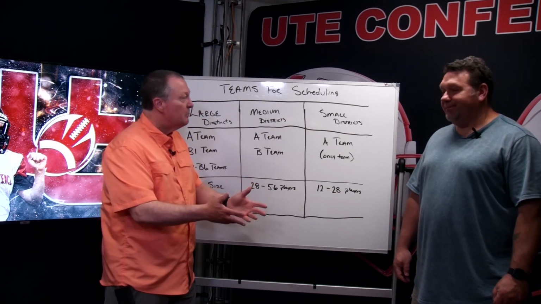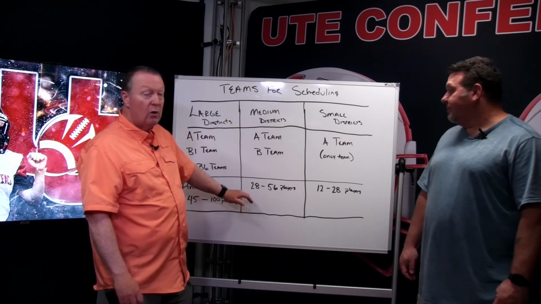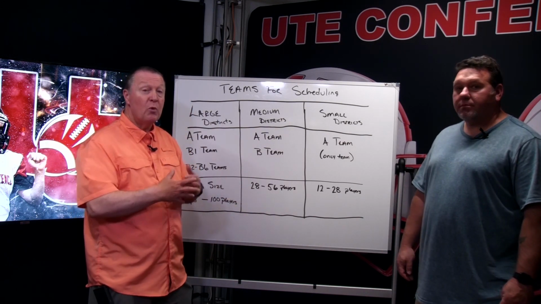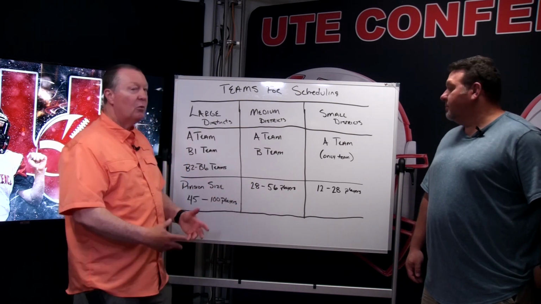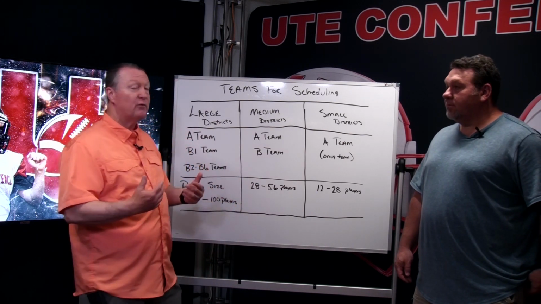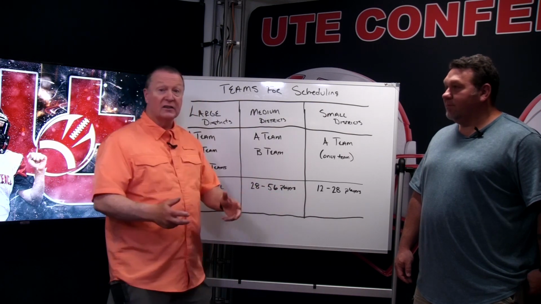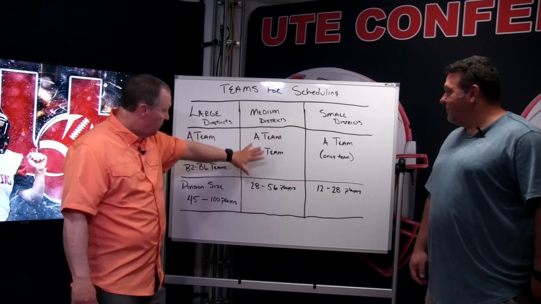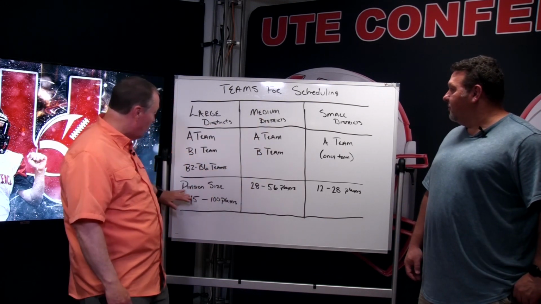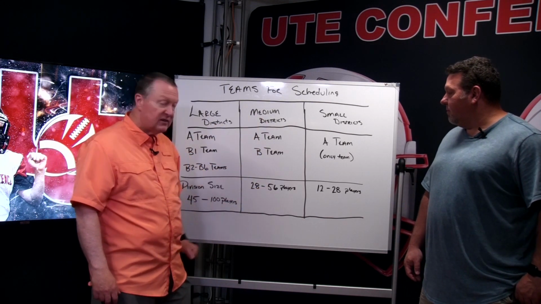And get them 10 plays. Can't do it. So we recommend small teams. We want the kids to have playing time. We want them to have an incredible experience. Well, an incredible experience is playing in front of mom and dad, grandma and grandpa on Saturdays. It's not riding the pine because we need to win a game. So medium districts in an age group or a division, they can have 28 to 56 kids.